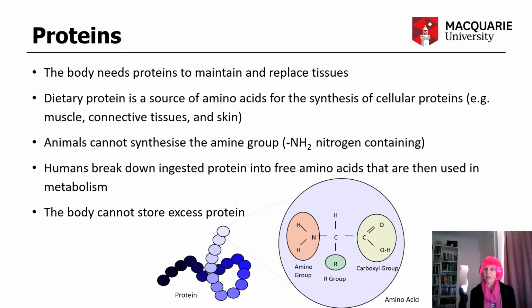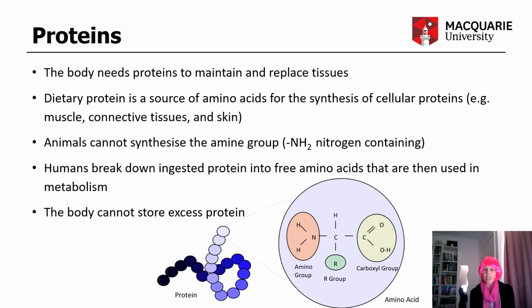One is the breakdown of other proteins in our body, but importantly, we need new amino acids that we consume from foods that contain protein. We need it for our muscle, our connective tissue, and our skin. Now, animals cannot synthesize the amine group, which is the NH2 or the nitrogen-containing group shown there in the orange circle. So we need to consume that in our diet.